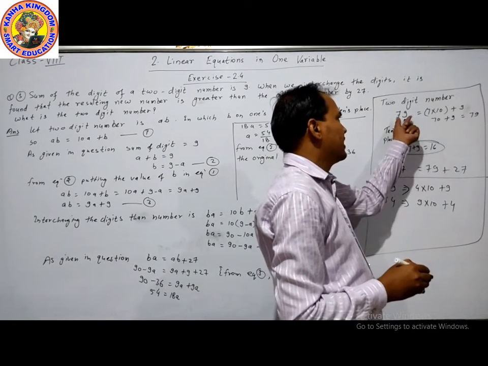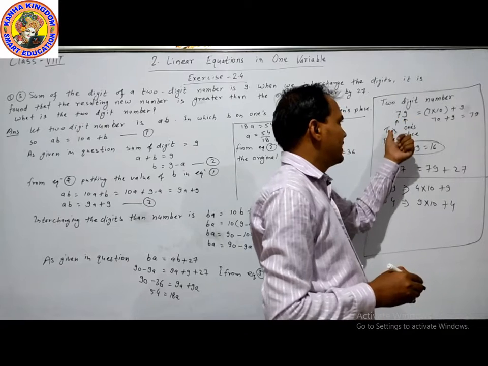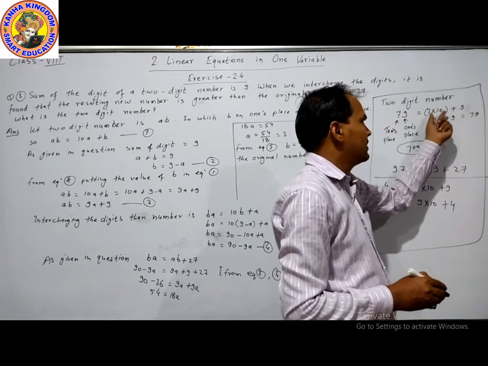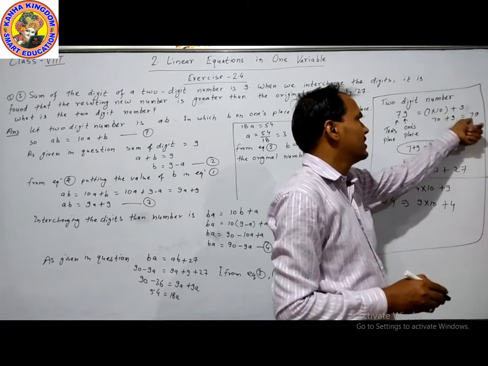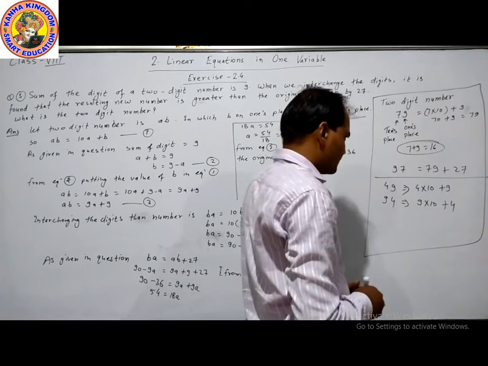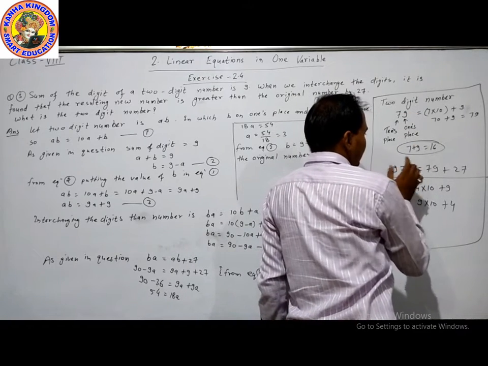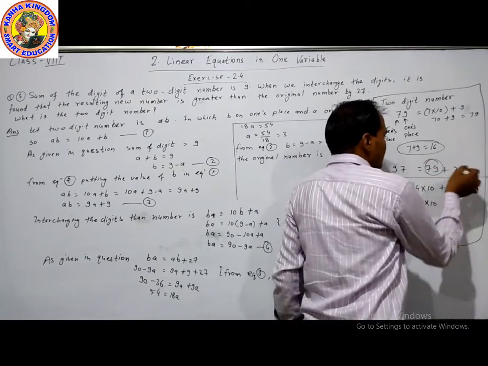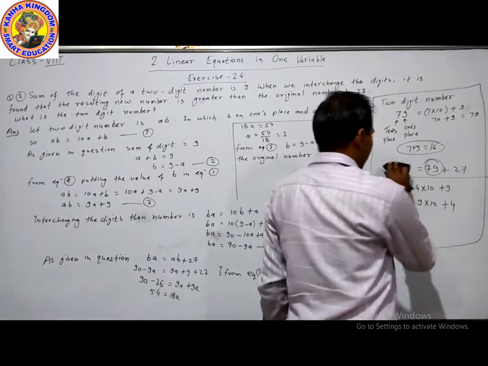We can write 79 as 7 into 10 plus 9. 7 into 10 is 70, and 70 plus 9 is equal to 79. When we interchange, this is 97, which is 27 greater than our original number.